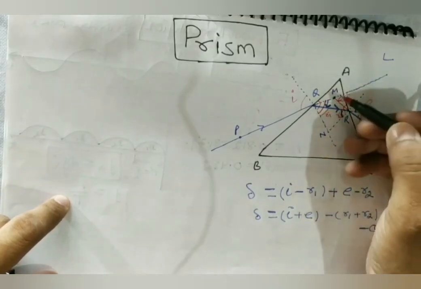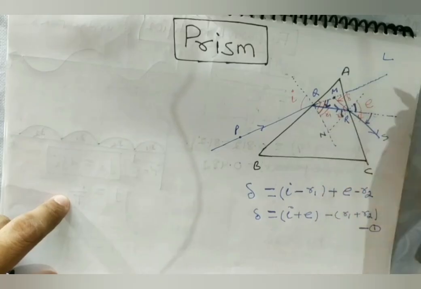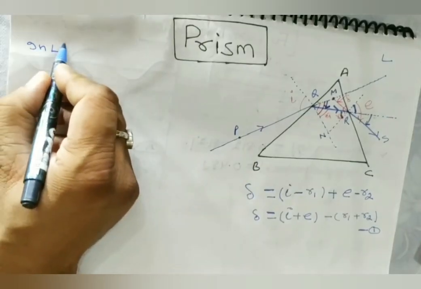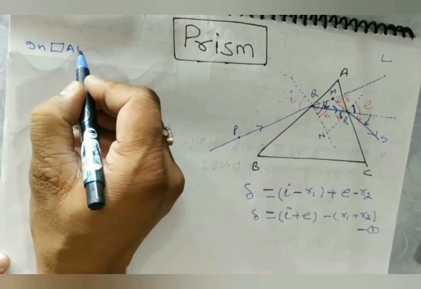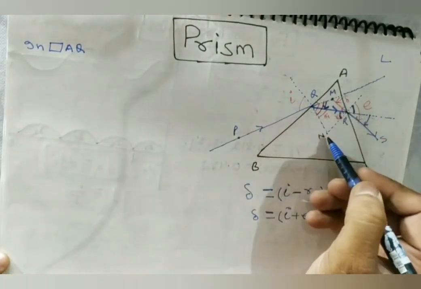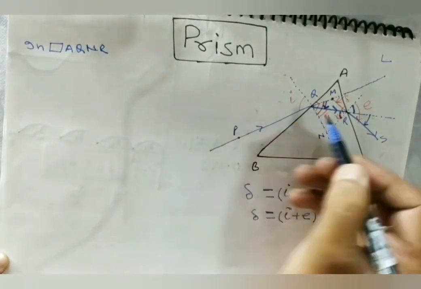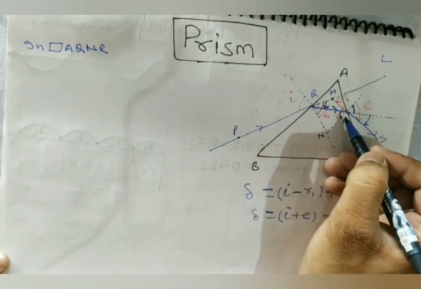So if I take the quadrilateral AQNR, this angle is 90 degrees, this angle is 90 degrees.